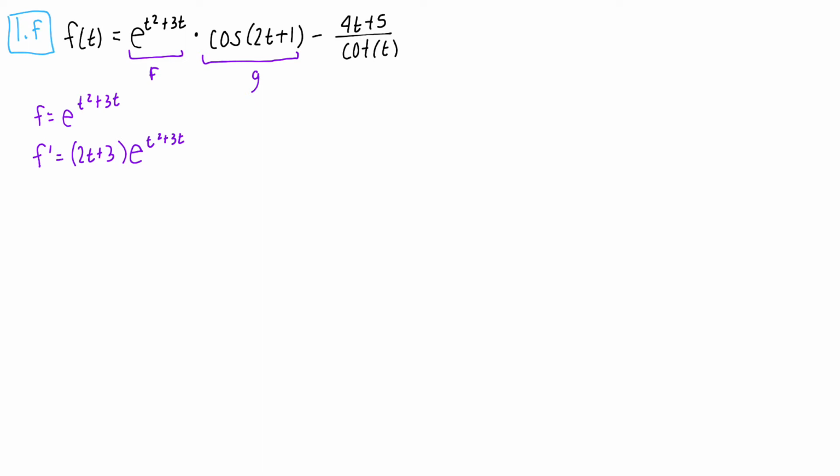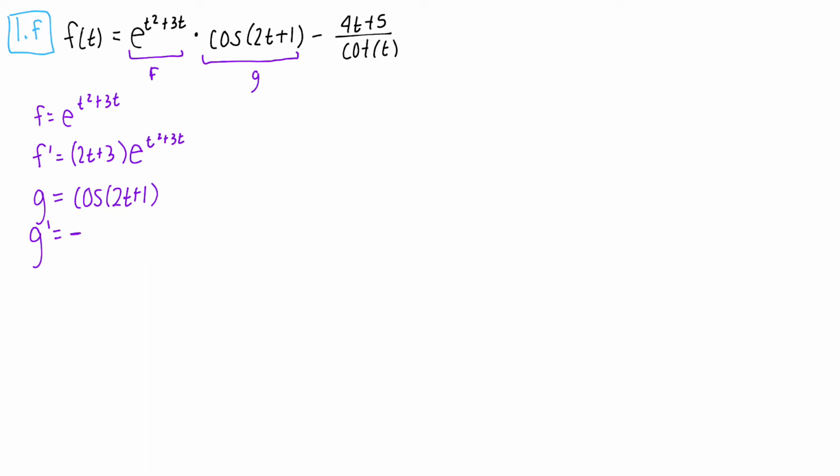And then for g, the derivative of cosine of 2t plus 1. You can do it in one of two ways. You can do the outside derivative and then multiply by the inside derivative. But because the inside derivative is going to be 2, I'm just going to put, well, I'll do it in 2 steps. So first of all, this is the original function.